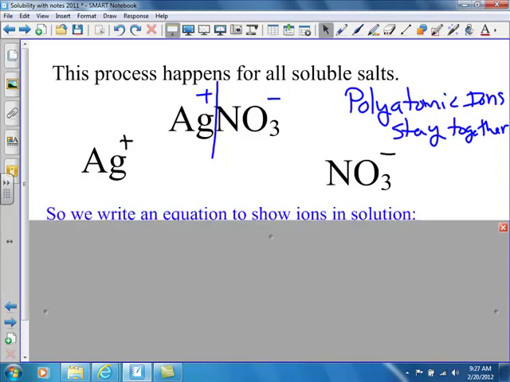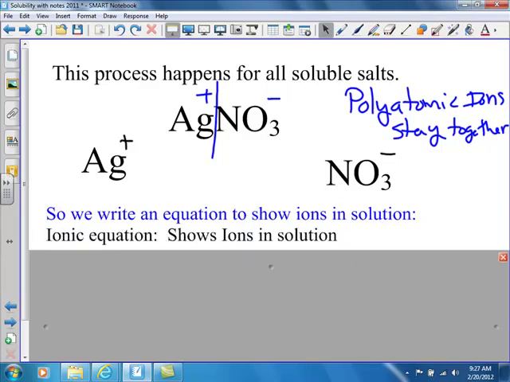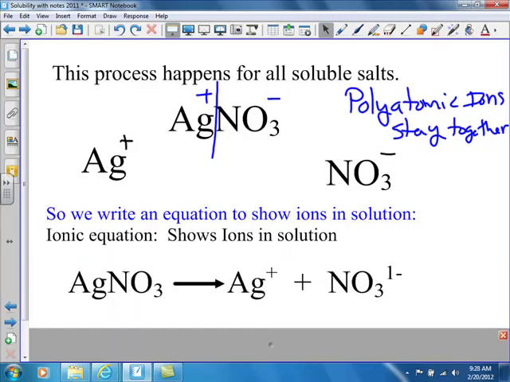So now, what we're going to do is write an equation to show these ions in solution. It's called an ionic equation. This is not really a reaction, so it's not one of our 5 types of reactions. It's just an equation that shows the ions in solution.